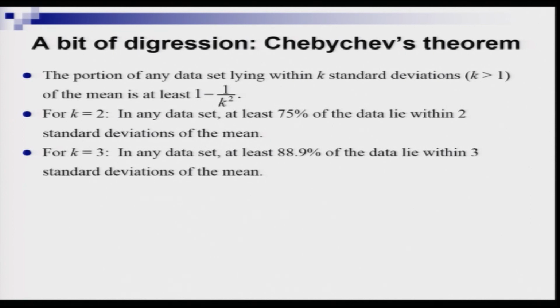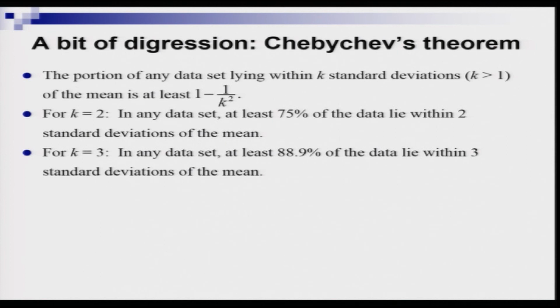The first bullet point gives you the statement of Chebychev's theorem. Chebychev's theorem says that the portion of any data set lying within k standard deviations of the mean is at least 1 minus 1 over k squared, where k is greater than 1.